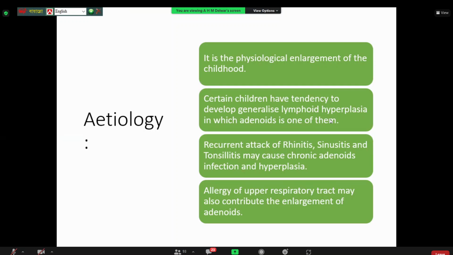The parents are very indulgent to their children, and they bring ice cream for their children when they come home. So when you see that, it is an important cause of adenoids.